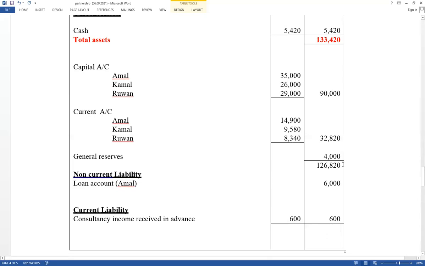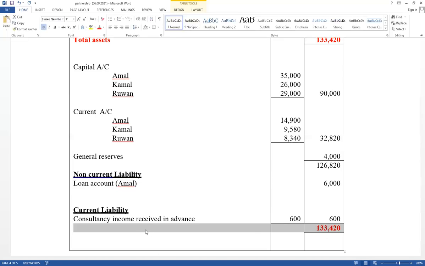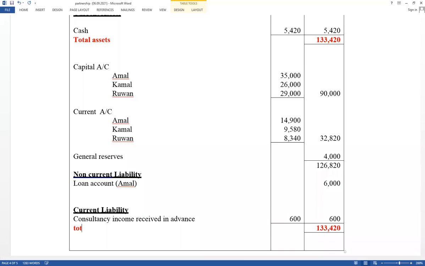Here the total value also equals 133,420. This is the total equity and liability. Think: assets equal liability plus equity.